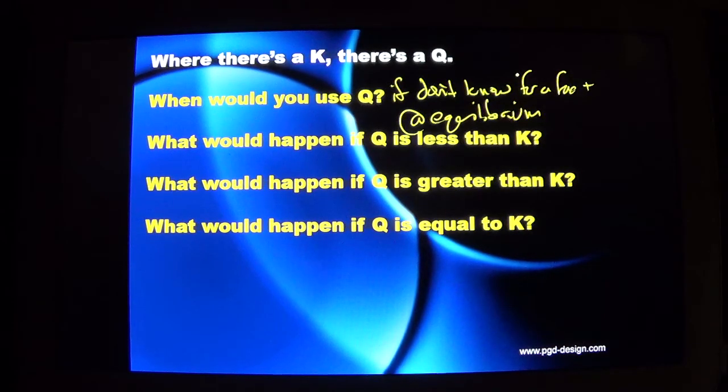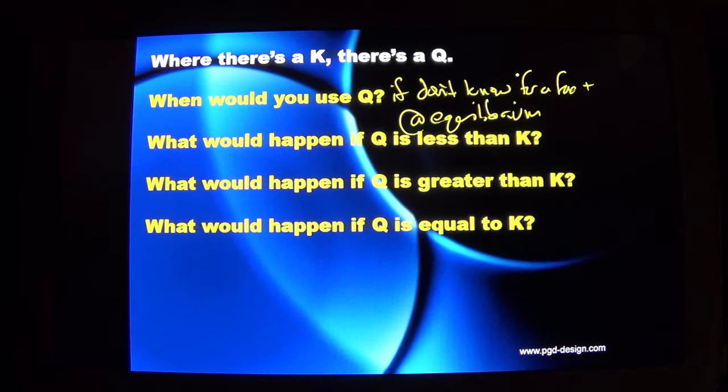You can always write a Q under any conditions. You must know you are at equilibrium if you want to write a K. So we can write Q anytime.